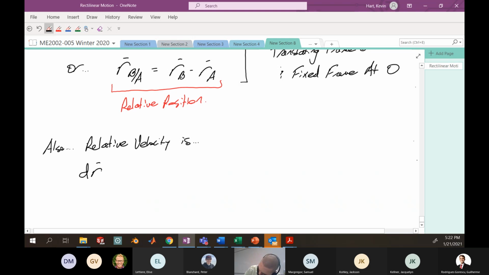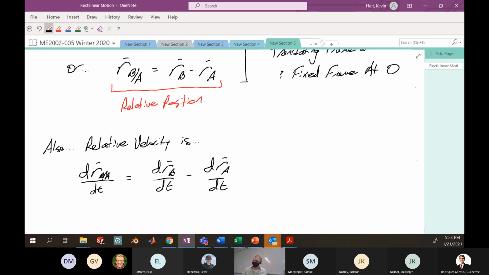The derivative of your position vector of B with respect to A as a function of time. I'm not indicating here that this position vector is a function of time, but you can just assume that to be true. This would be the derivative of position vector B with respect to time minus the derivative of position A with respect to time. And this is why we see that it's so important that we have a translating frame at A.